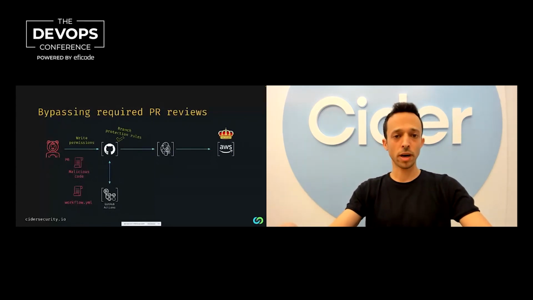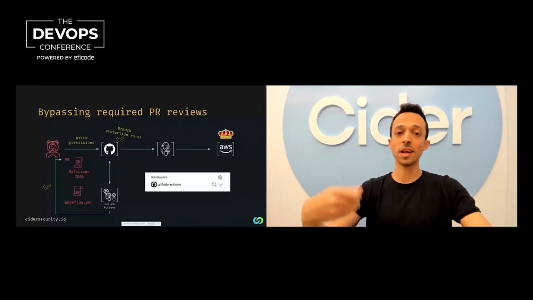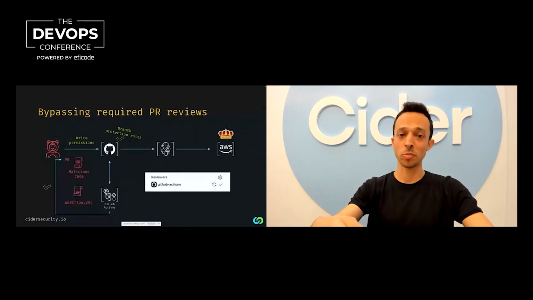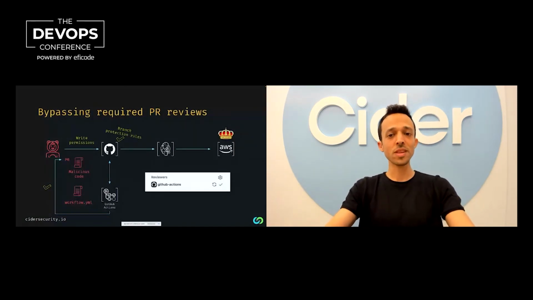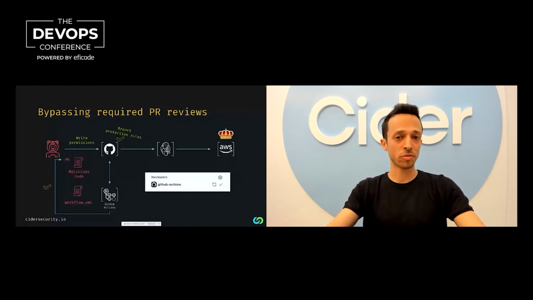This configuration file tries to approve the pull request that the attacker just created, and it succeeds. The attacker gets the approval he needs from the GitHub Actions user, which is another user than the one he compromised. So now the attacker has the desired approval, and he can merge the code into the main branch.